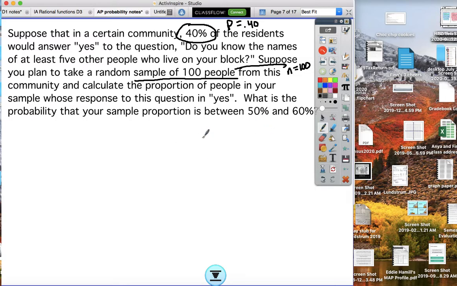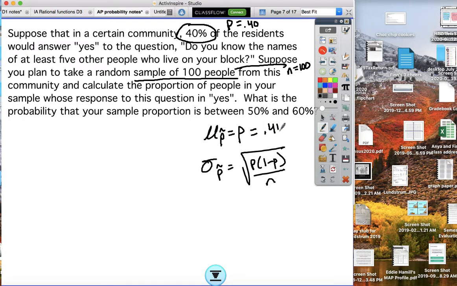Also keep in mind that this is a proportion problem, so the formulas we're going to use are these guys. And you can see we already have all that information right here. So my mean of my sample proportions is going to be 0.40.